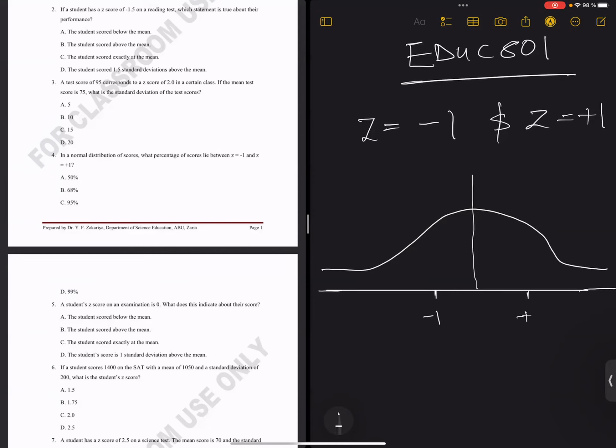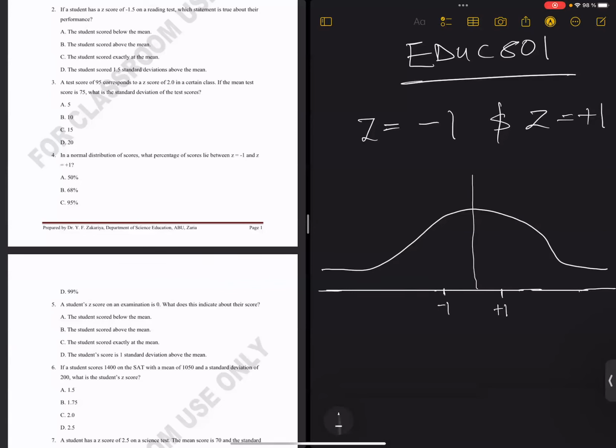Maybe the distance is too wide, let us make it smaller. Let's say this is our -1 and this is +1.